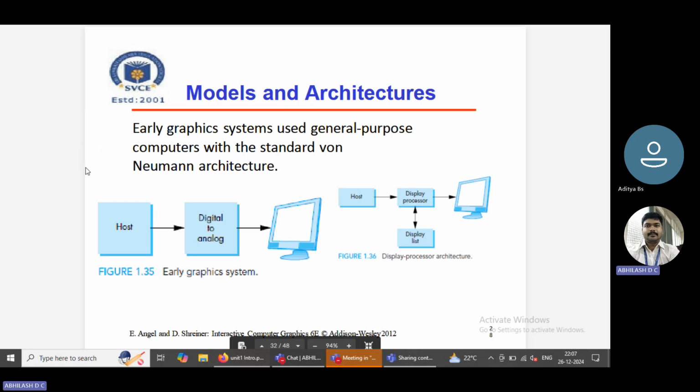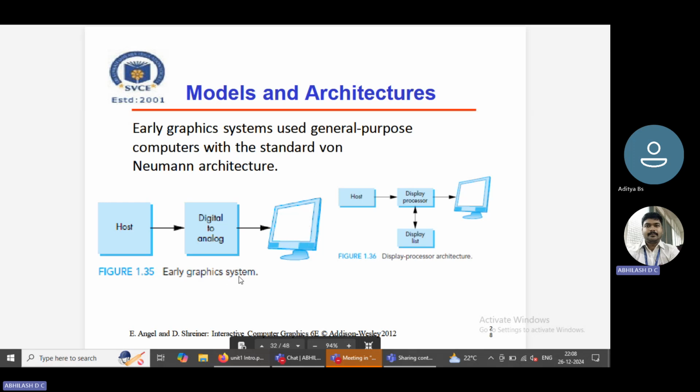Some digital information is coming from some device, and I have to convert that digital information to analog, meaning whatever the bits, that is zeros and ones, which I am getting, has to be converted into analog, that is in the form of waves. That has to be pushed towards the screen, and the TV will be able to analyze this analog information, and it can print it on the screen.